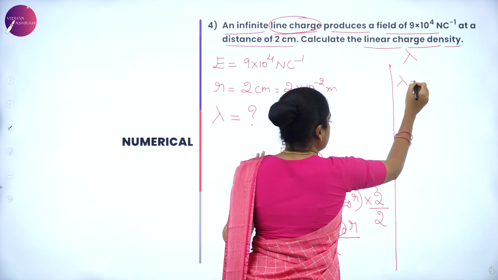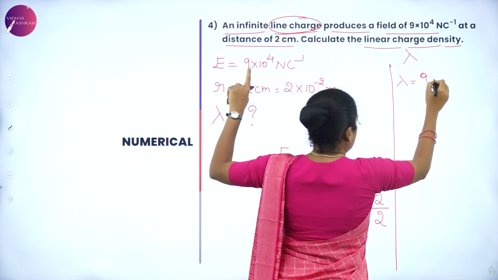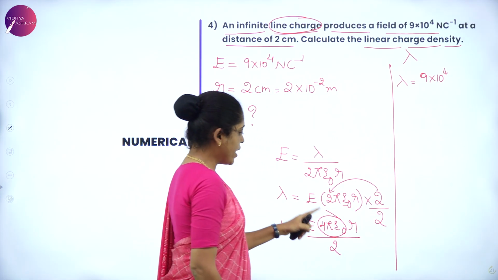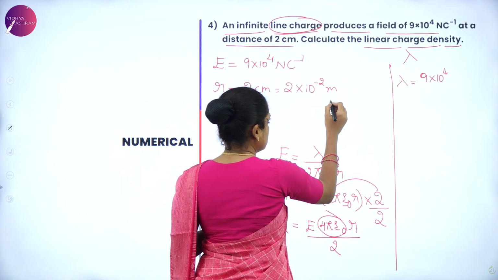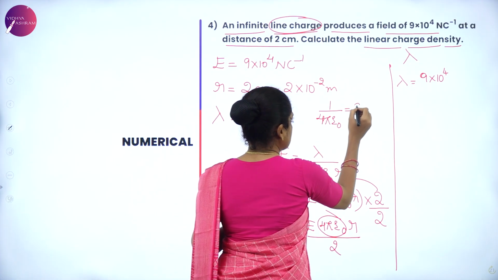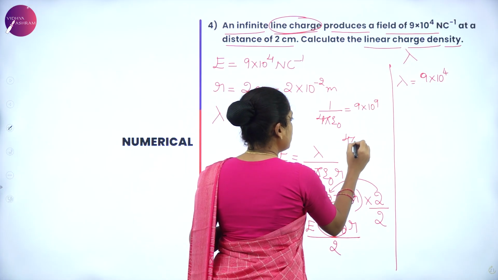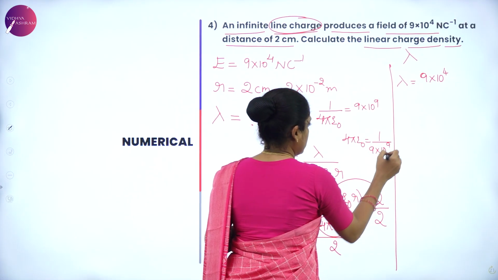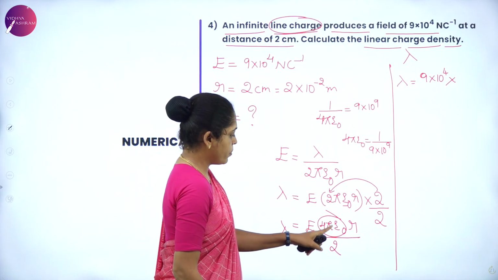Now lambda is equal to, E value is 9 into 10 power 4, and 1 by 4 pi epsilon naught value is 9 into 10 power 9. Then 4 pi epsilon naught value is 1 divided by 9 into 10 power 9. So the same has to be substituted for 4 pi epsilon naught.